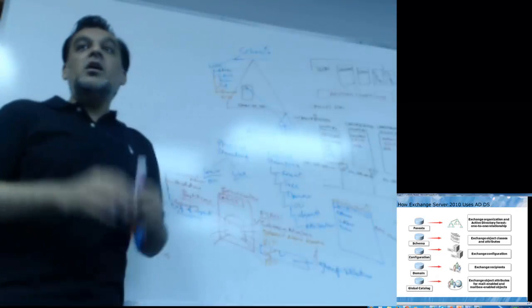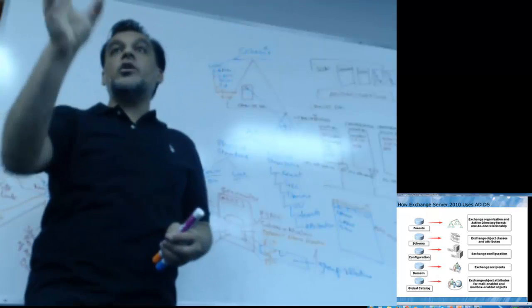So forest is equal to Exchange organization. Just like there is a complete forest of Active Directory, Exchange has a topmost level object that is known as the Exchange organization. Just like in SCCM it was CAS or the primary site server, exactly like that, in Exchange there is a topmost level object. So here I'm going to say this is the Exchange organization.